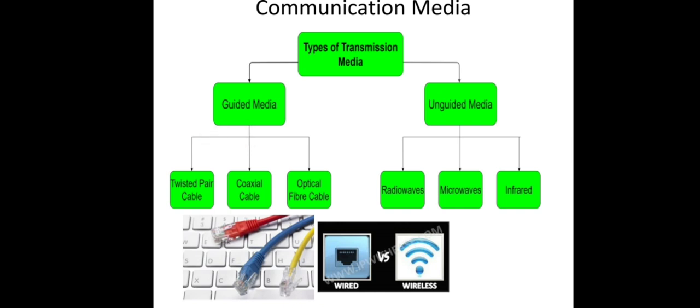There will be some physical path or conduction material, like twisted pair cable, coaxial cable, optical fiber cable, etc. Those are guided media. And in case of unguided media, the signals are transferred through some wireless medium like radio waves, microwaves, infrared, etc. So these are the different media.